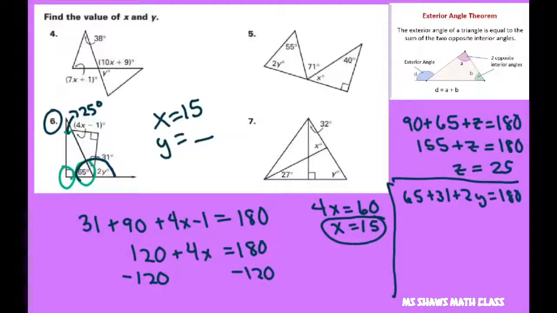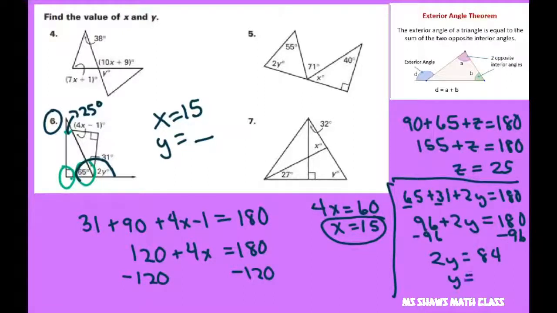So this is 96 plus 2y equals 180. Subtract 96 from both sides, and you get 2y equals 84. Divide both sides by 2. 8 divided by 2 is 4. 4 divided by 2 is 2. So y equals 42.